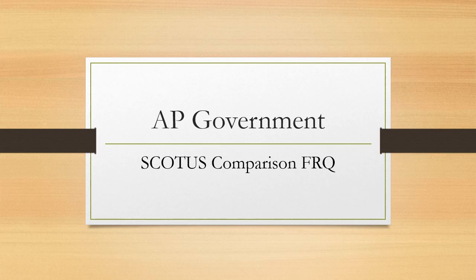Now, the skill that they're going to be measuring in this FRQ is: one, do you know your 15 Supreme Court cases? And number two, can you compare them to another case? So the content is knowing your cases, and the skill is being able to compare those cases to another case.